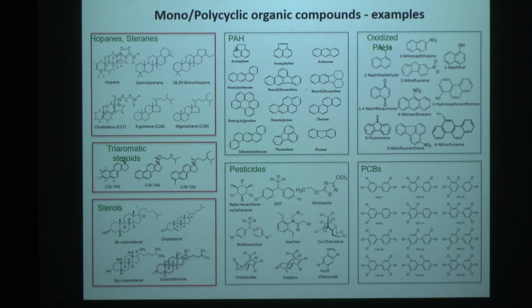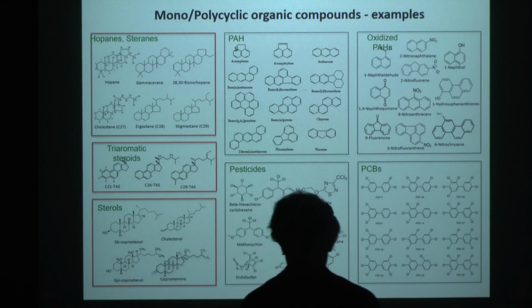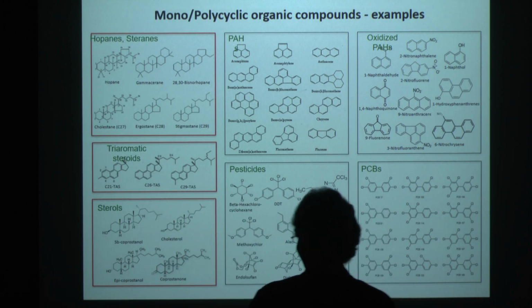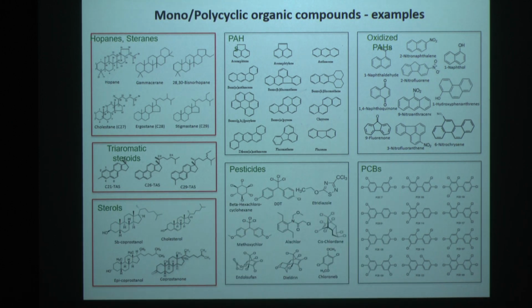So also, these compounds have very different sources. The ones shown now in red are natural, found in the environment. So they can be naturally produced. For example, we look at sterols. They're very common in the cell membranes of plants and animals. And their degradation products can produce other molecules.